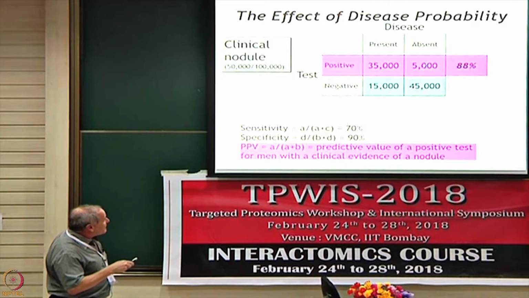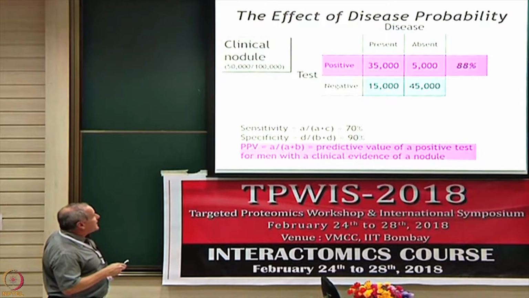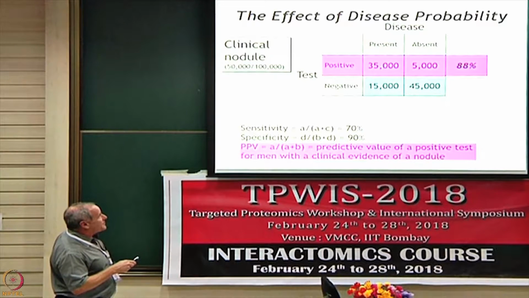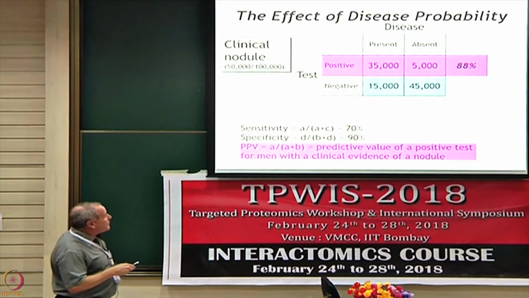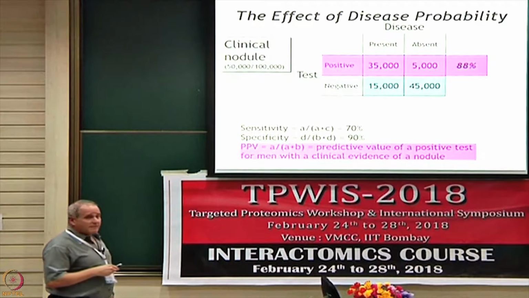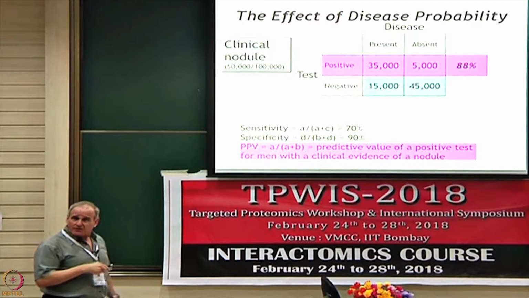So 50,000 have it and 50,000 don't. So that's appropriate, right? Remember I said that it has a 70% sensitivity. So that means of this number here, 70% or 35,000 are positive. And remember I said that it had a 90% specificity. So of this number, 45,000 don't have it, right? So these numbers all add up to these numbers here. You believe me? So now do the math.